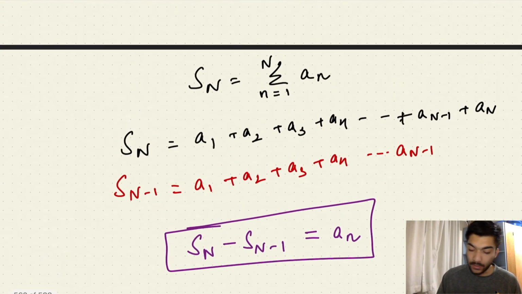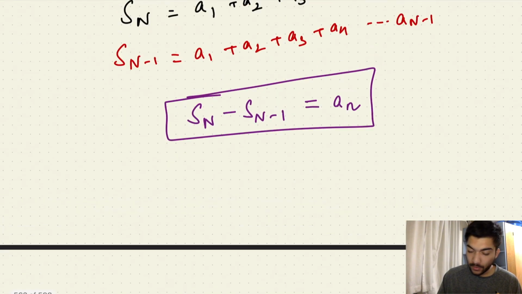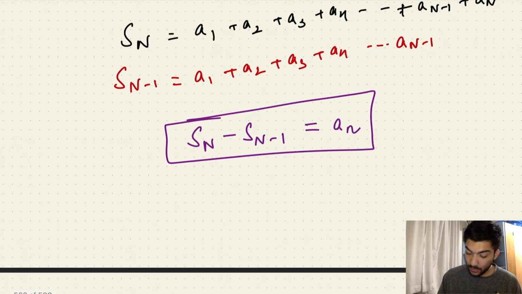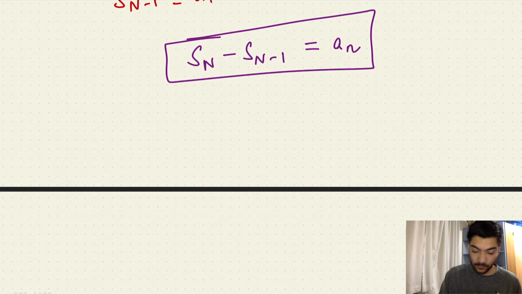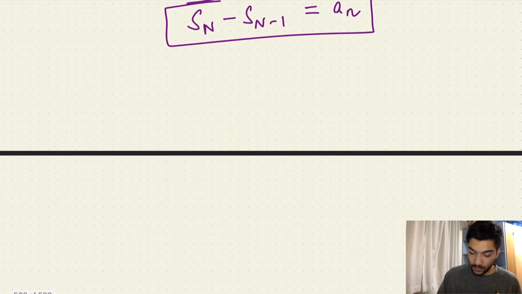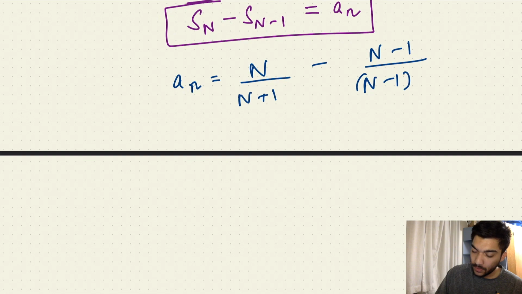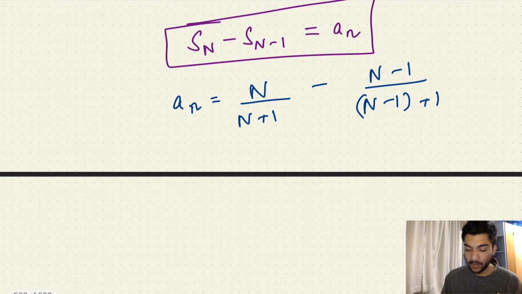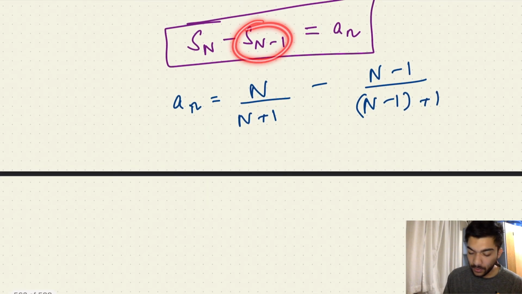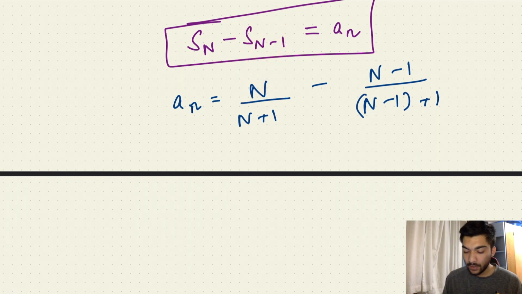We know that our s of n is basically n upon n plus 1. So our a of n would be n over n plus 1 minus n minus 1 over n minus 1 plus 1, right? In order to calculate s of n minus 1, we just substituted n minus 1 instead of n, right?